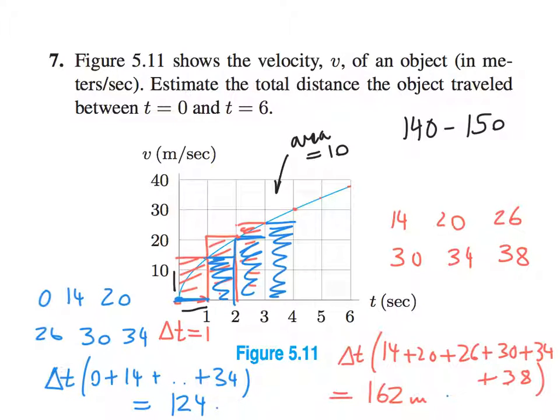For instance, if we wanted to estimate this column, that would be area 30 plus something, and this something you could estimate by looking at how much of the whole square, which is area 10, is taken.